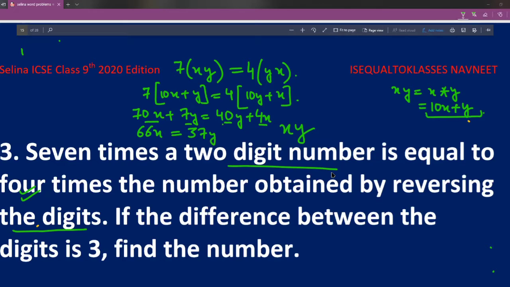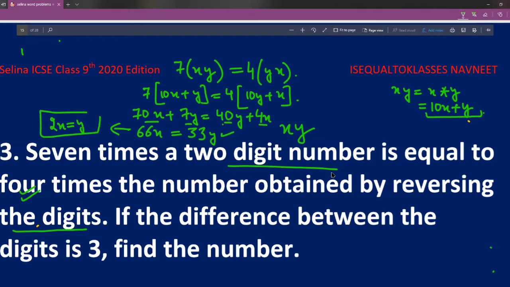I hope this is clear. 70 minus 4 is 66 and 40y minus 7y, small mistake, is 33y. So 66x is equal to 33y, which implies that y is equal to twice of x.